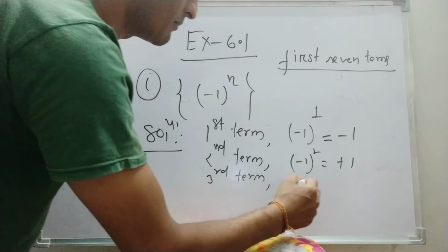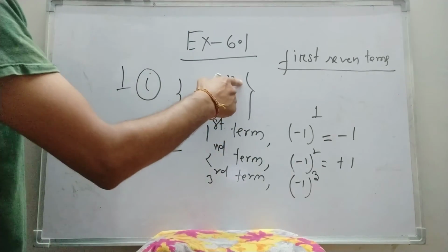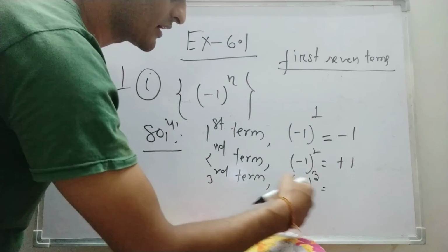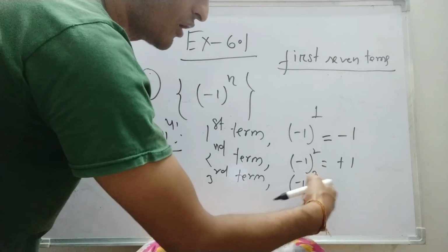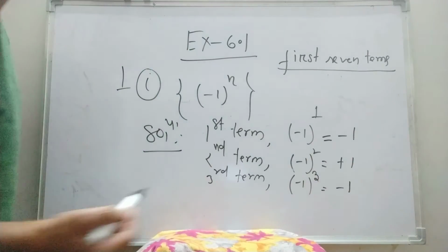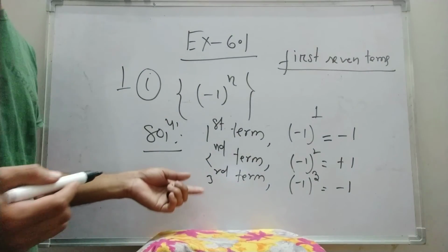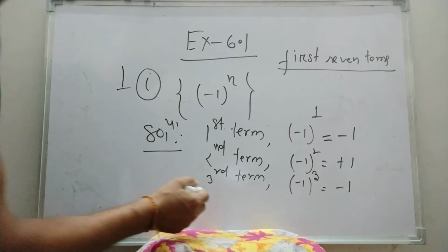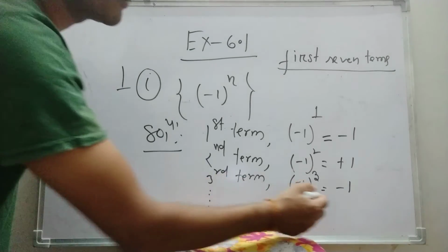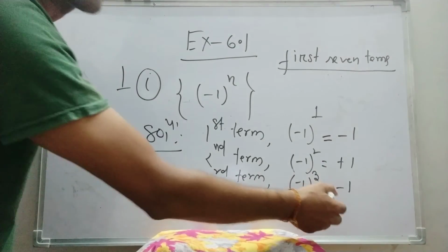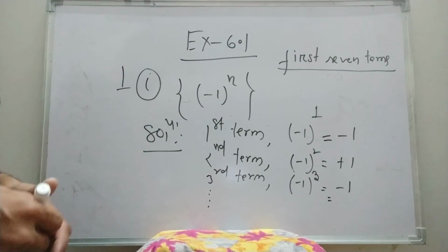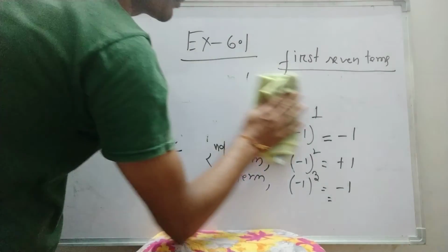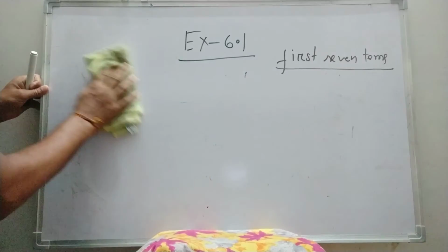The third term means -1 to the power 3, negative to the power of an odd number, it is -1. Similarly, if you go to the fourth, fifth, sixth and seventh terms, we will definitely get those terms in this way. So finally, what will be our answer for question 1a?